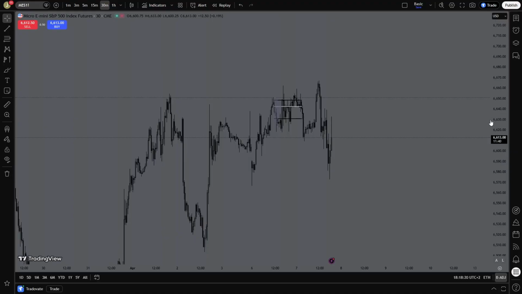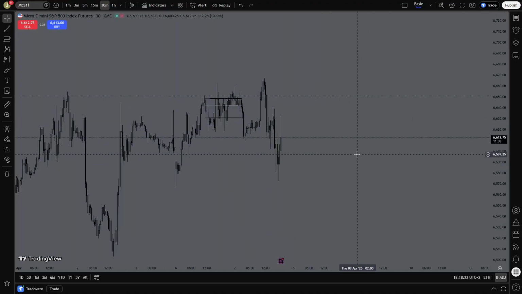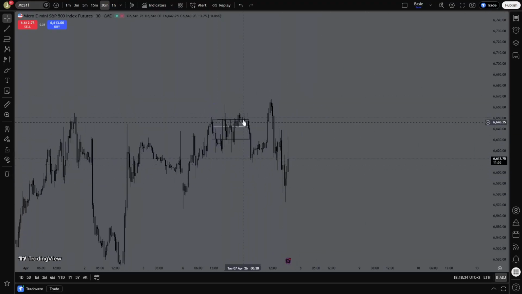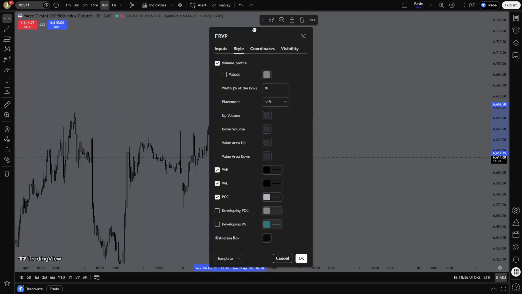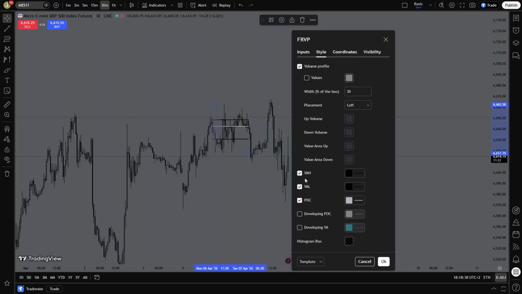Alright, we have this volume profile. And right now what you wanna do is look at the area where buyers and sellers agreed the most. That's called, let me pull up the settings, that's called the fair price, but the top is value area high and value area low.